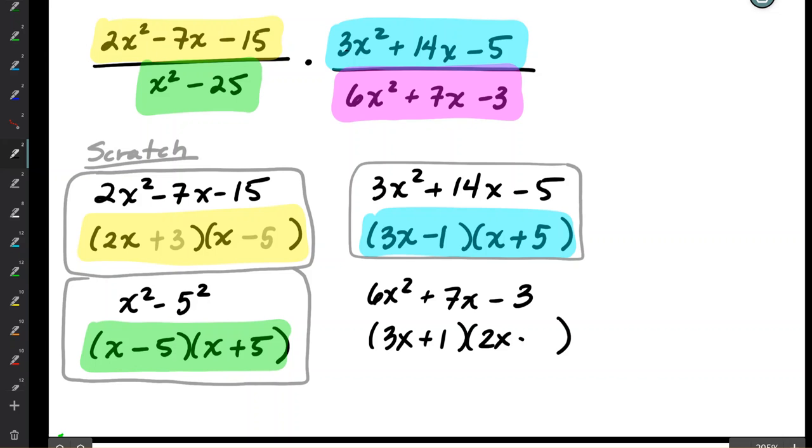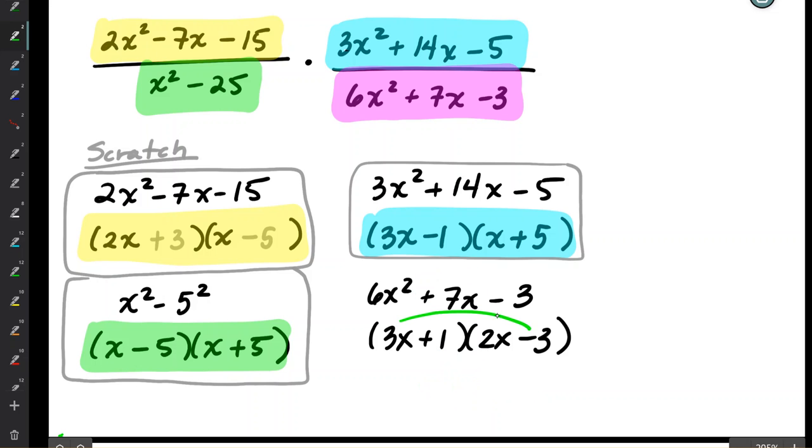Okay, so how about plus 1 minus 3? Here we would get minus 3 times a minus 3 is a minus 9x. 1 times 2 is plus 2x. That's minus 7x. Oh, we're super close. I need it to be positive 7x.